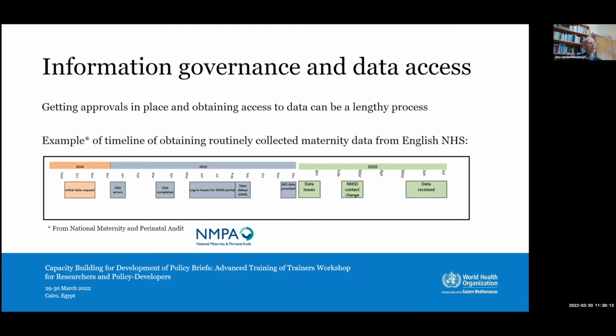Then we got it. Then there were data issues again. Then the body that had to be involved because things were wrong got involved. So basically, all that together led to an almost 2 years process to go from asking for the data, defining what you need, to receiving the data in a way that it is relevant for use.